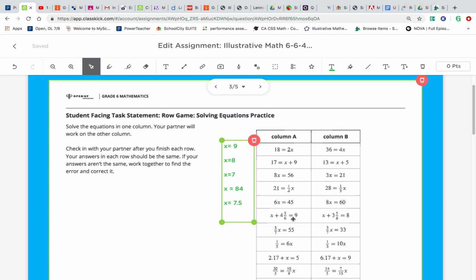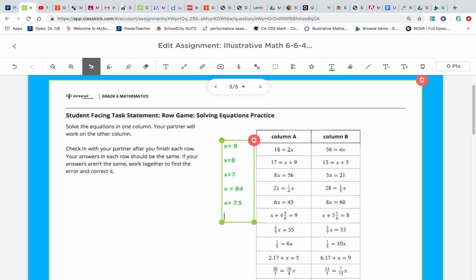X plus 4 and 5/6 equals 9. X plus 3 and 5/6 equals 8. In both cases here, we need to subtract by the mixed number. So we're going to have 9 minus 4 and 5/6 here. 8 minus 3 and 5/6 here.